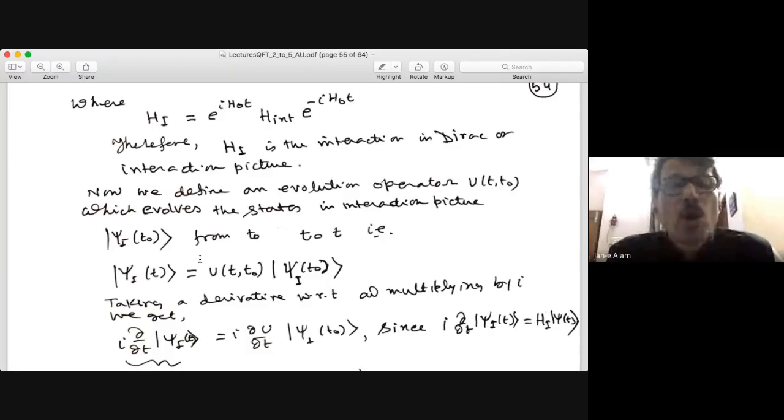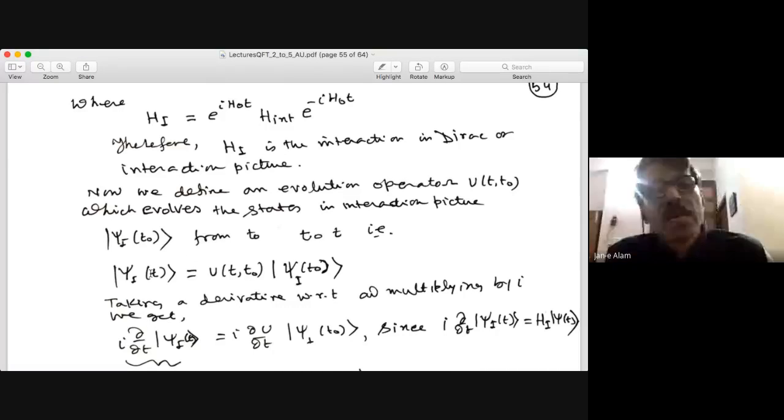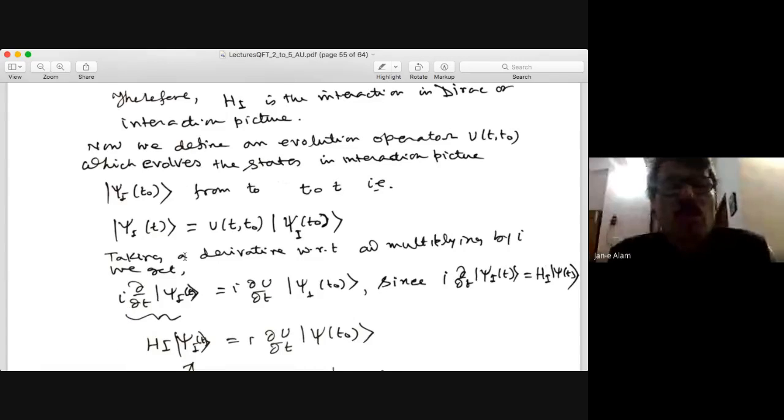Let me define an operator. I assume there is a unitary operator U(t, t naught) which operates on the state at t naught and gives me psi at t, right? So this is what we want.